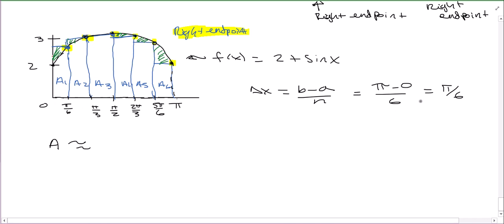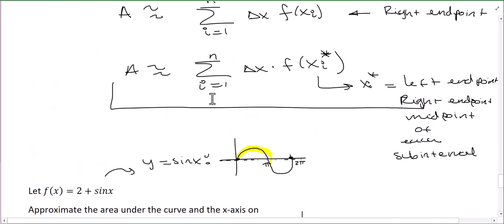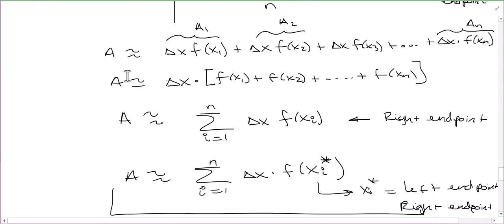So now we can say, okay, it's going to be delta x, so pi over 6 times, and then because I'm going to factor it out already, because we said over here in this one that we can factor it out, and then just have the sum of the heights using the right endpoint.